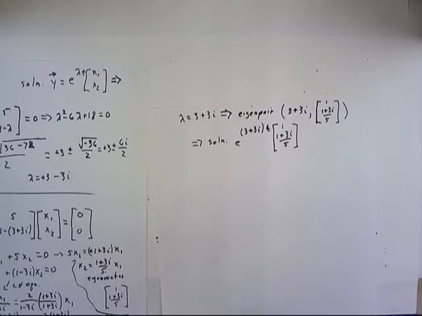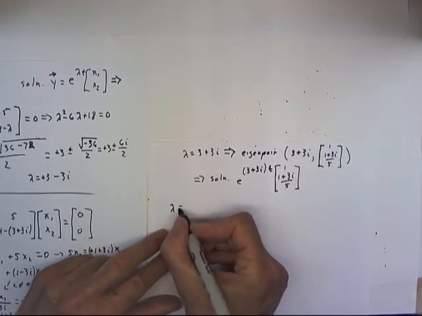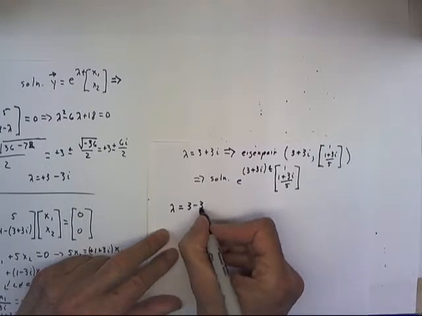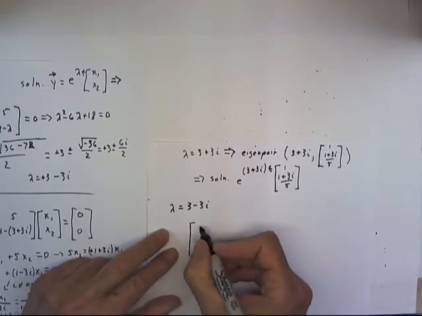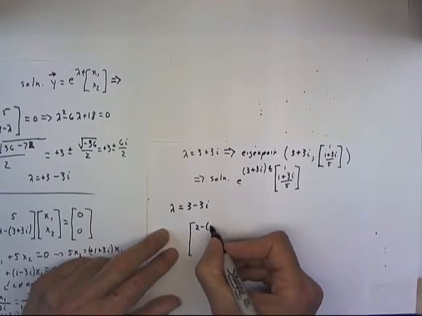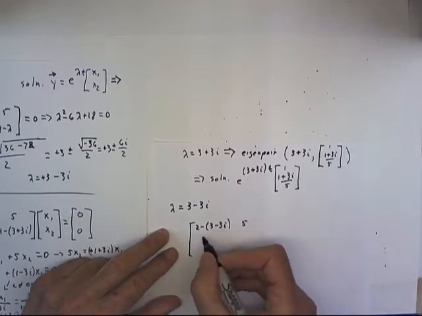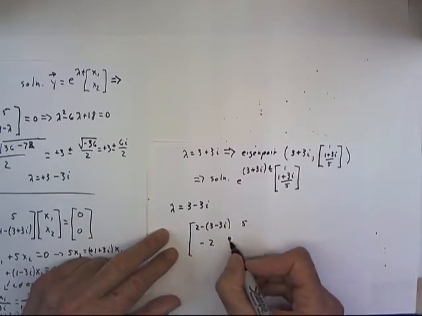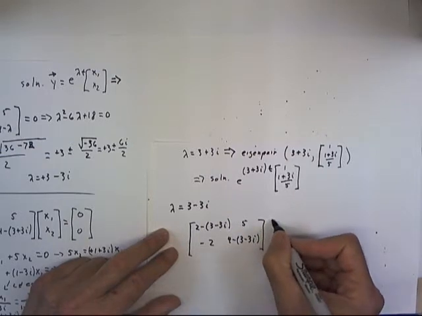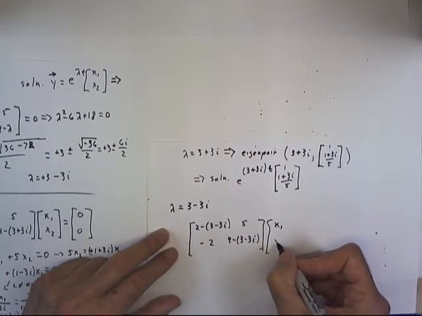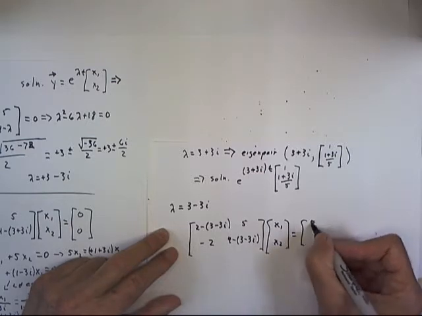Now our other eigenvalue is lambda equals 3 minus 3i, which leads us to the equation 2 minus the quantity 3 minus 3i, 5, negative 2, 4 minus the quantity 3 minus 3i, times x1, x2 equals 0, 0.